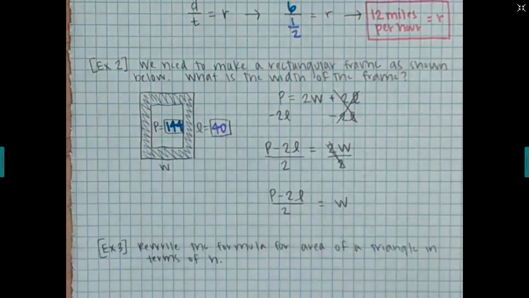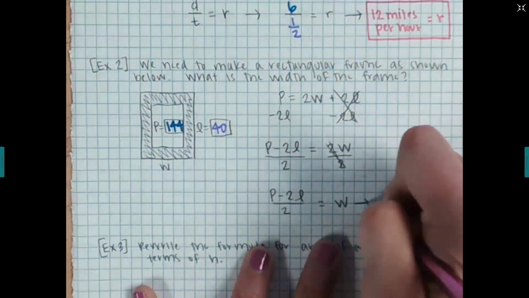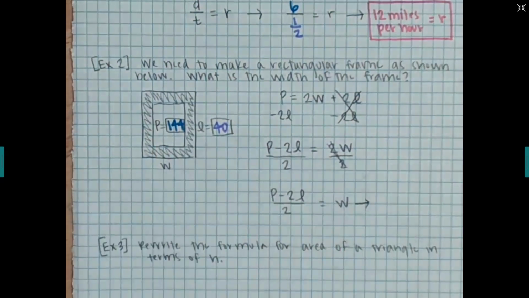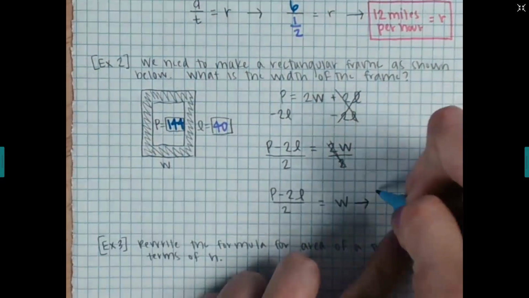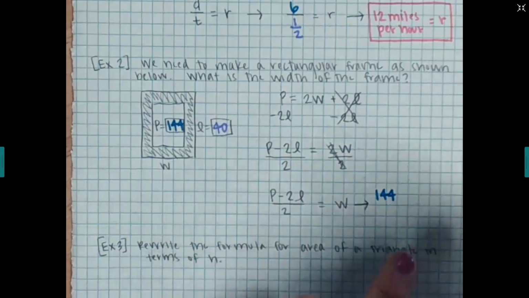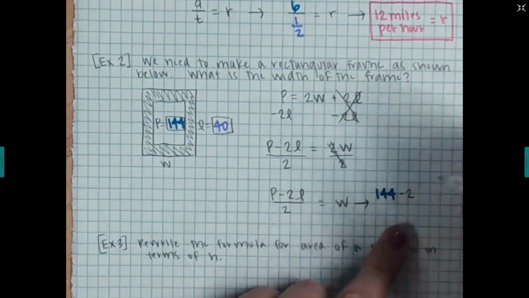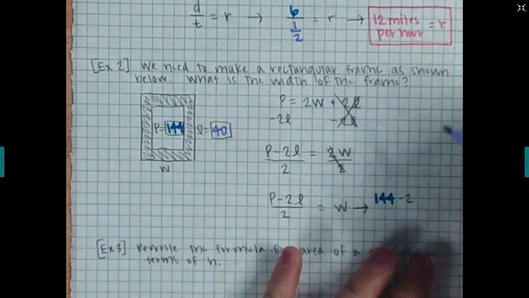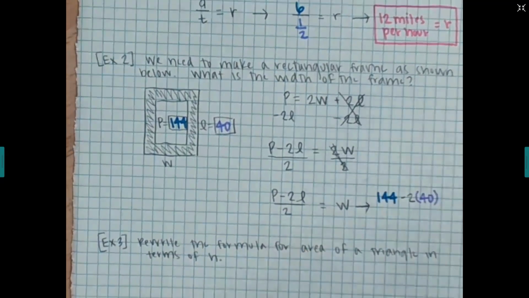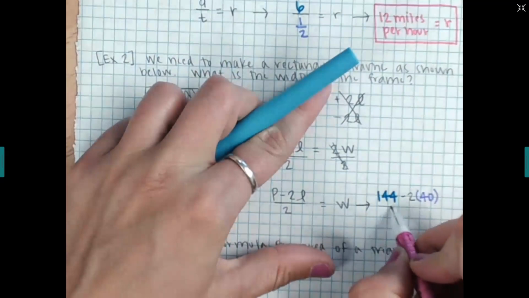So we can plug those in for the formula to solve for W. So 144 minus 2 times the length, which is 40, all divided by 2.